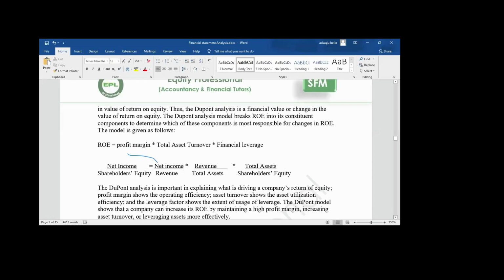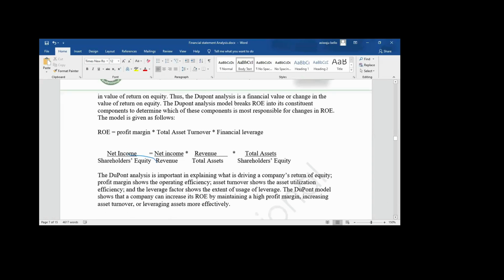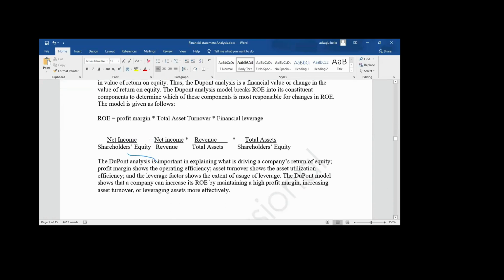Your profit margin is calculated as net profit divided by revenue. Total asset turnover is calculated as revenue over total assets. Financial leverage is calculated as total assets divided by shareholders' funds. So these three ratios will explain the change in value in return on equity.